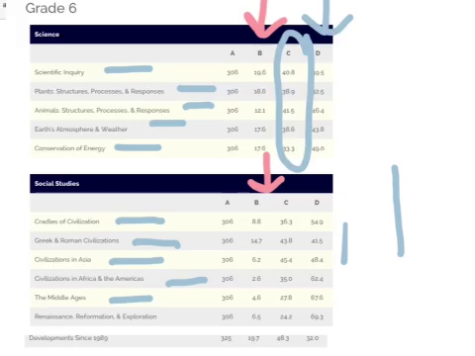And so when we take a look at the information from column B, we notice that about 8.8% of our students did not grasp the concepts with civilization, about 14% with Greek and Roman civilizations, 6% with civilizations in Asia, a very low 2% of our students, 2.6, did not gather information in reference to civilizations in Africa, with the Middle Ages 4.6%, and then 6.5% of our students who were just needing more information in reference to the Renaissance, Reformation, and Exploration.